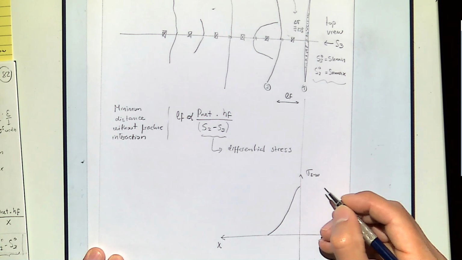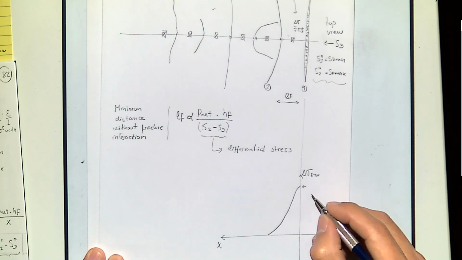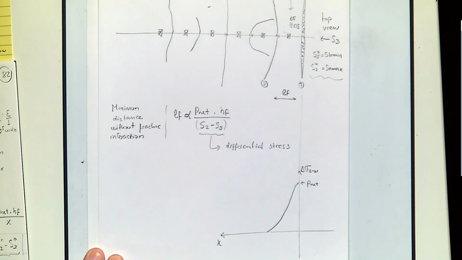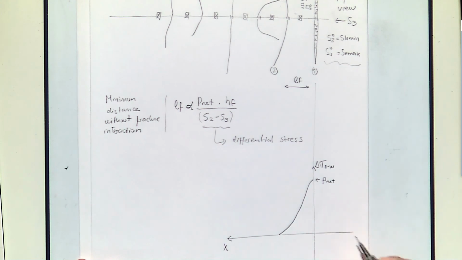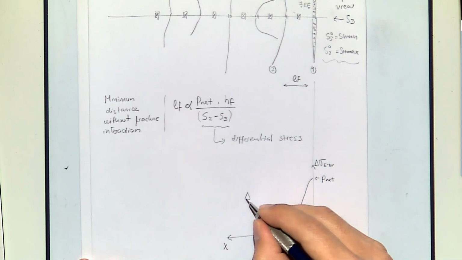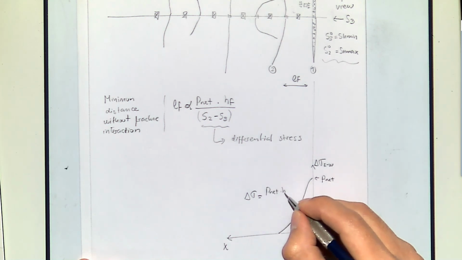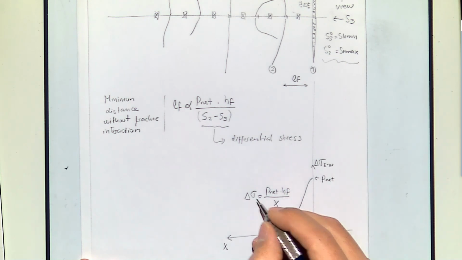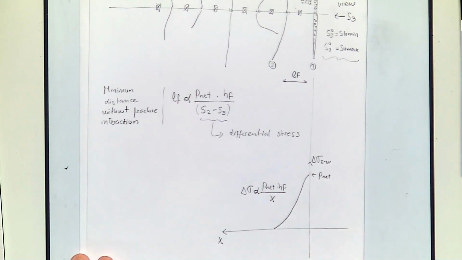The increase of stress right next to the fracture is going to be the equivalent net pressure after you prop your fracture, and it's going to decrease very quickly, where this delta sigma is proportional to the net pressure and the hydraulic fracture height, and inversely proportional to the distance. So the further away you go, this stress influence is going to decrease.